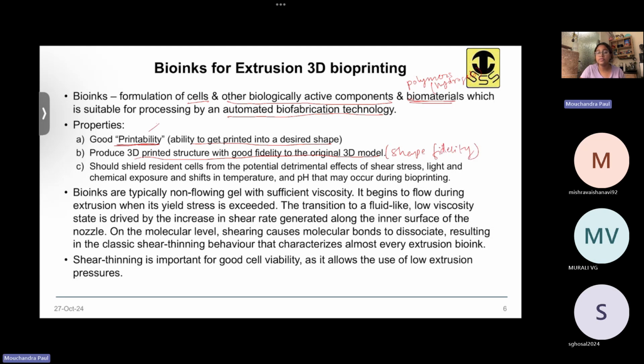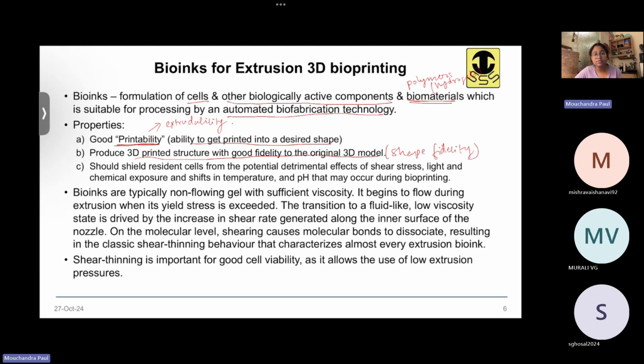Then under printability, we also check whether the material can be extruded. That is called extrudability. There are some materials that do not get extruded because they are too viscous. Or even if it gets extruded, it extrudes like water. Okay. So we want extrusion of correct type so that you get smooth filaments every time. Then how does the filament that you're getting after extrusion look?